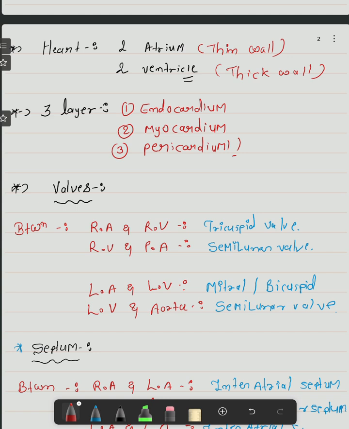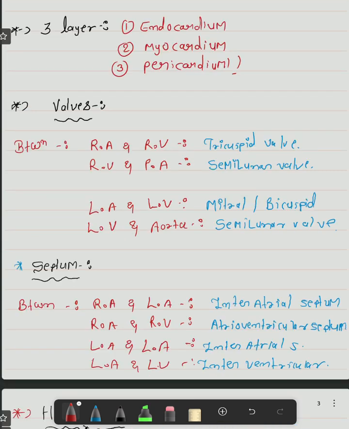If the wall is thicker, this is very normal and physiological, not an abnormal condition. Physiologically, the wall of the left side of the heart is thick and the right side is not as thick.